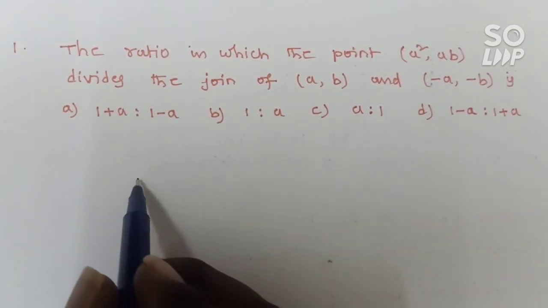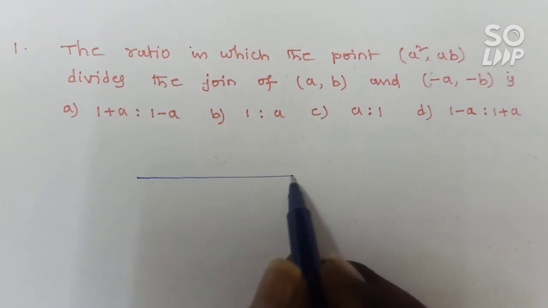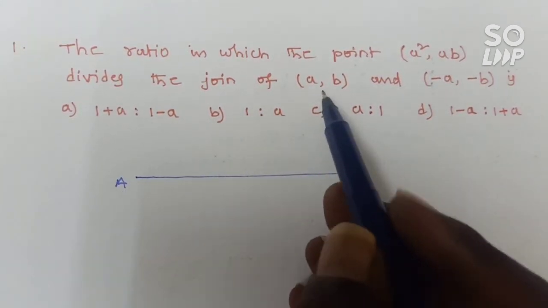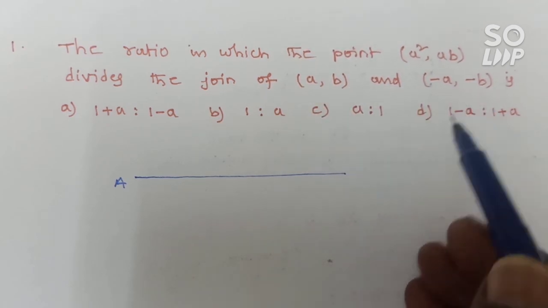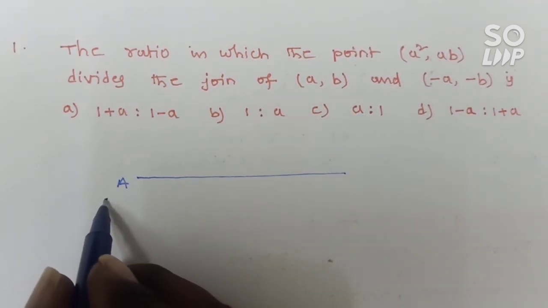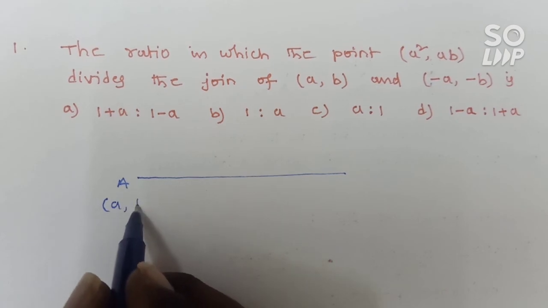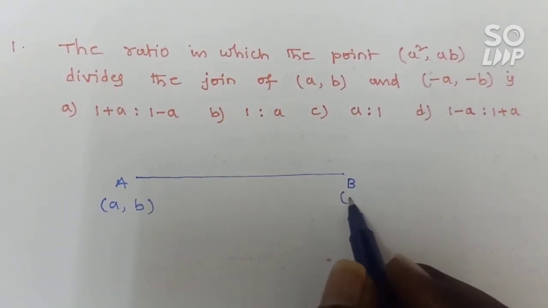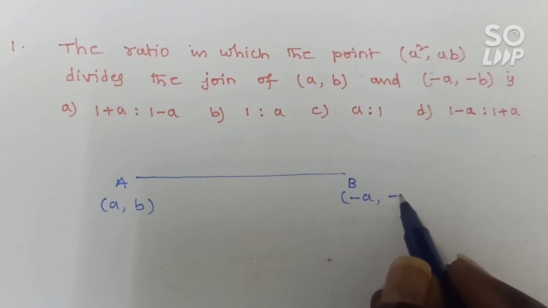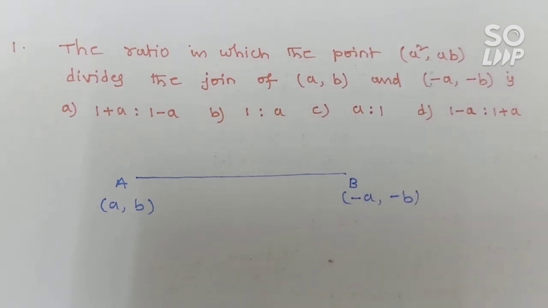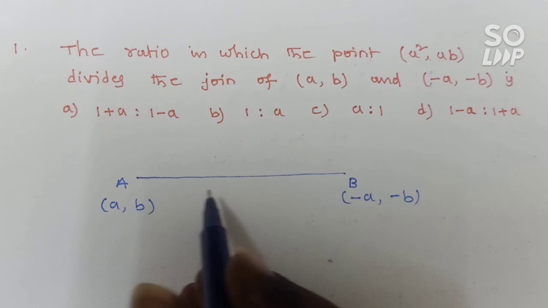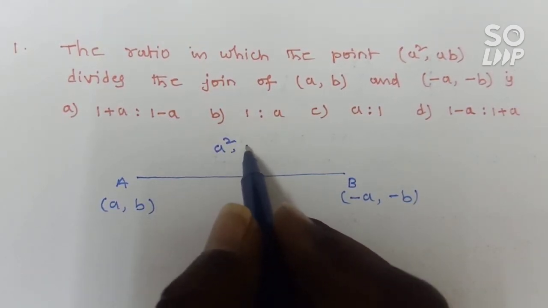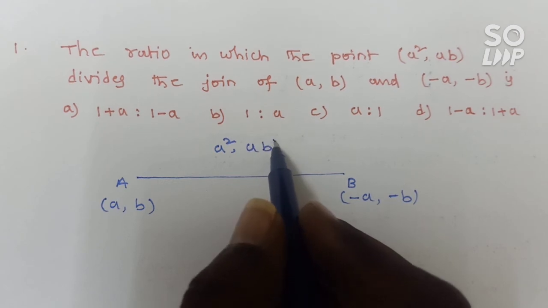So already I said, first you draw the join of the points. Let this point be (a comma b), and another point be (minus a comma minus b). Which point divides the join of these two? a square comma ab.